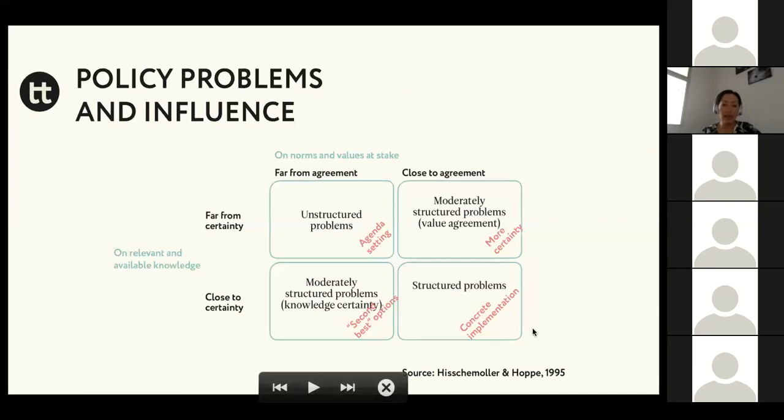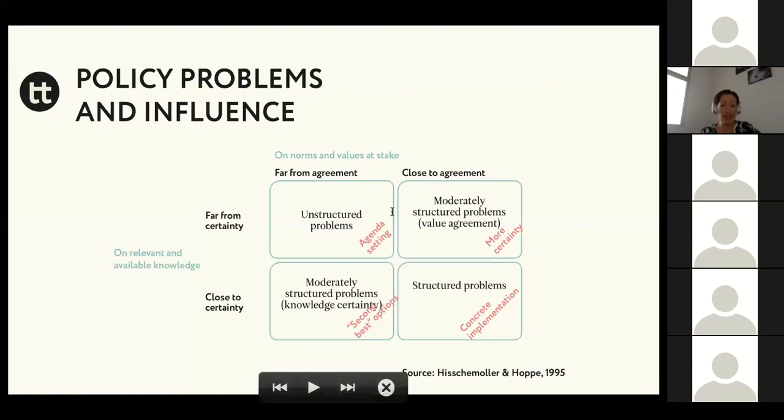And like we said, when we are working with structured problems, we're able to have more direct influence because it's more about really finding the concrete implementation of the policy. But when we're talking about the rest of the problems, we have to have a more holistic perspective of what is the influence that a think tank may have.